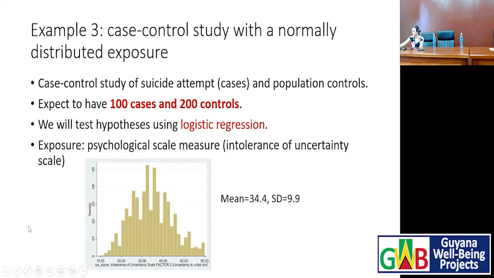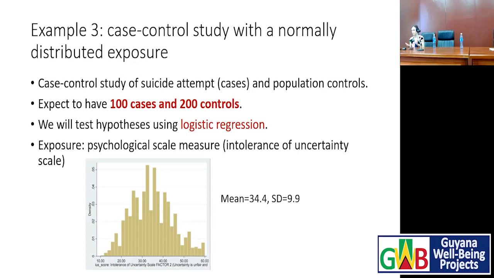Okay, so now we'll talk about an example. Here we have a case control study with a normally distributed exposure. This hypothetical case control study is of suicide attempts, with cases and population controls.